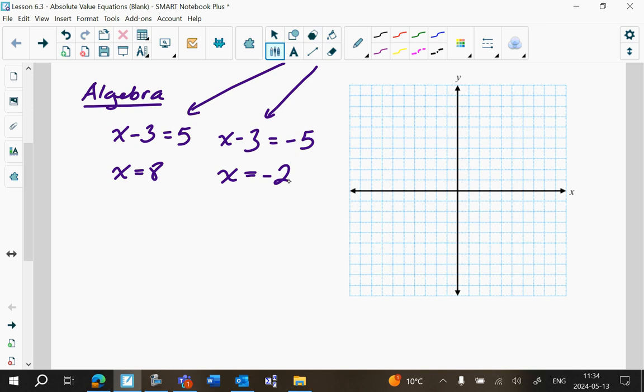But you have to check. Does the absolute value of 8 minus 3 equal 5? Because remember, you plugged one of the answers you got back into the original. And does the second one, -2 minus 3, taking the absolute value, work out to 5?